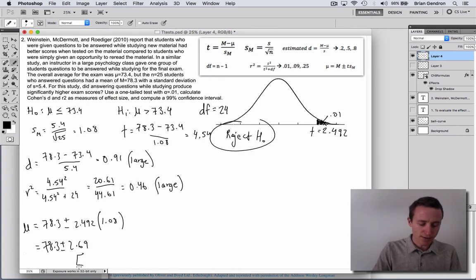So let's see what we have here. 75.61 is the lower end of the range, and the upper end of the range is 80.99.